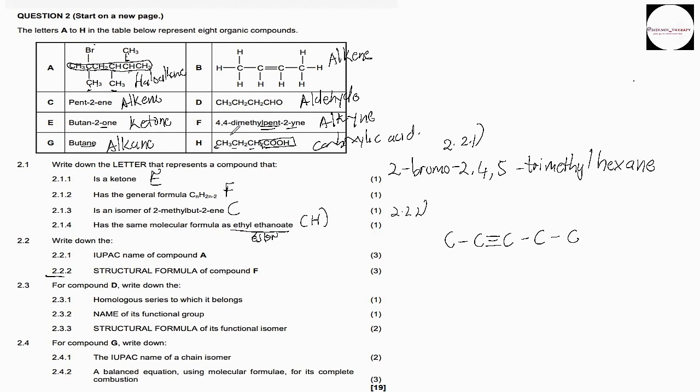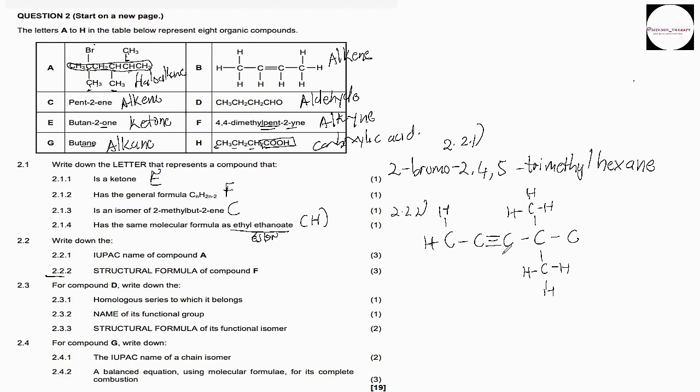Then in number 4, we must have our methyl branches. So 1, 2, 3, 4. It's a methyl branch here, and below another methyl branch. Okay, then let's just fill in the hydrogens where we need to.